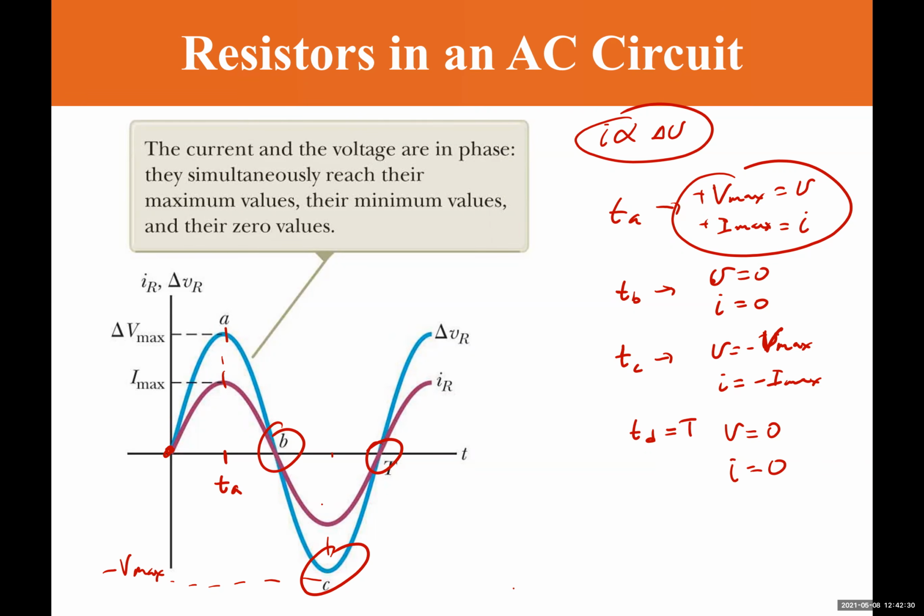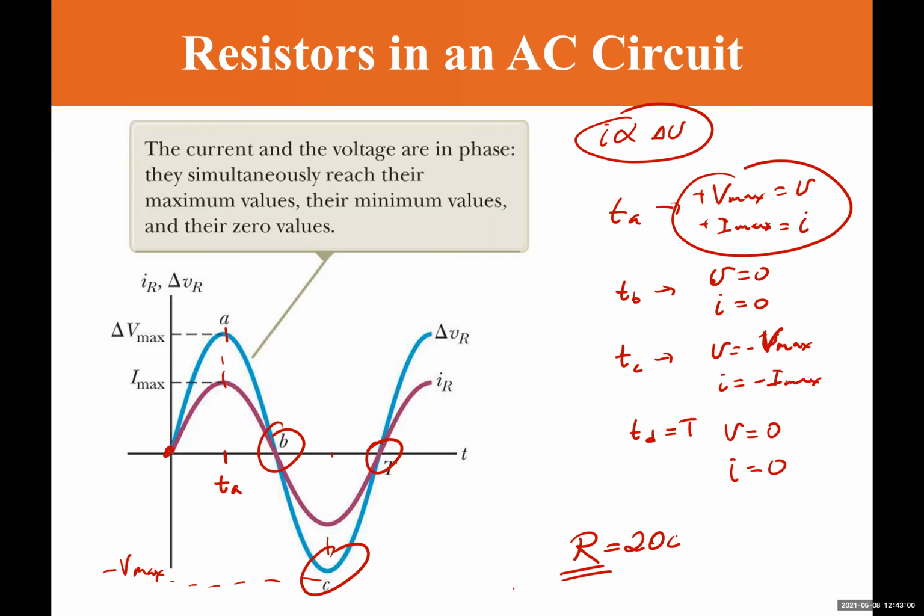The resistor is a frequency independent device, because the resistance itself is not a frequency dependent circuit element, which will be different for capacitors and inductors. We will see that capacitors and inductors can change their value of what we call reactance if we change the frequency.